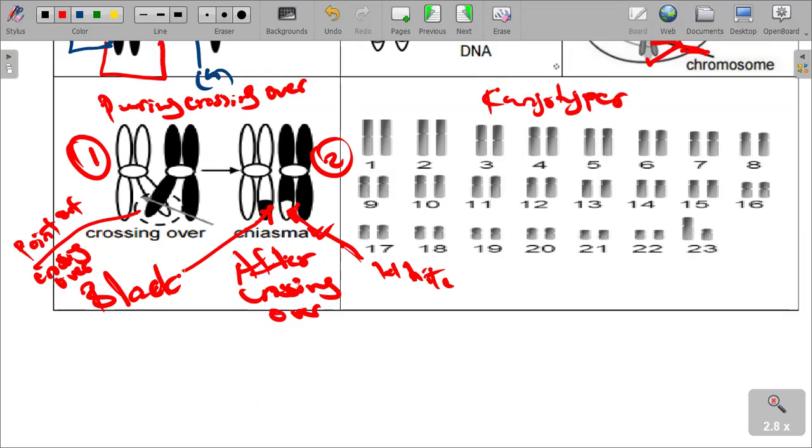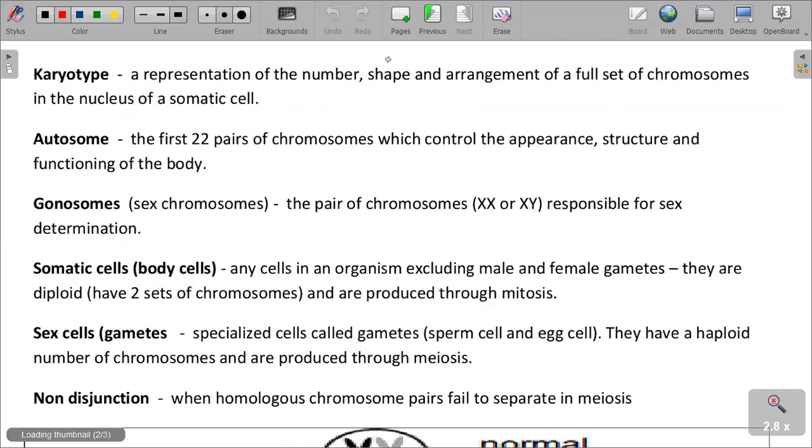This is the karyotype, the structure, arrangement, and appearance of the chromosomes of an organism. I'm just going to define it here.